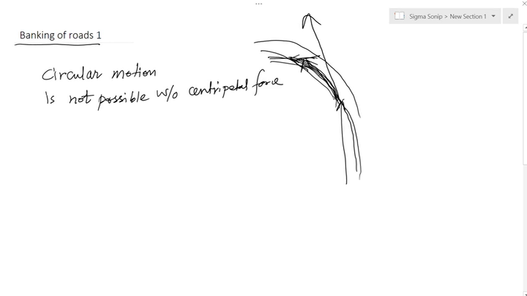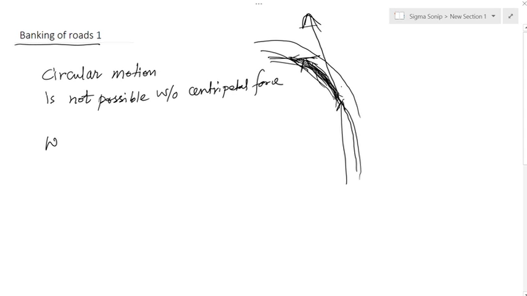And why is it so? Obviously your answer would be that there is no friction on the road. Now with this thinking, we can conclude that when a car is going around the bend, the centripetal force is provided by the friction between the tires and the road.